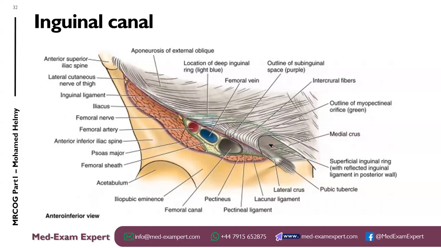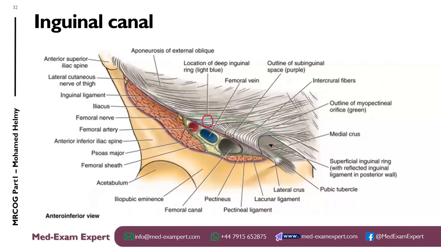This is the location of the deep inguinal ring, which is marked in the diagram by the light blue color, but I put this red color. Of course, it's a deep ring, so it should not be found superficially. This opening is from inside.